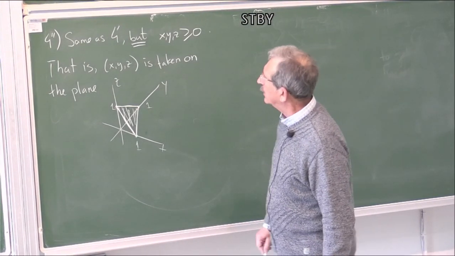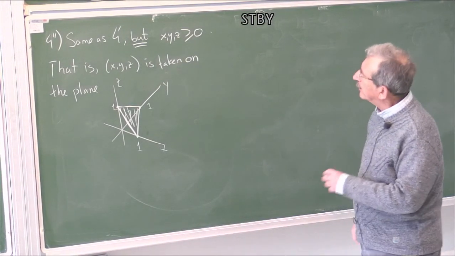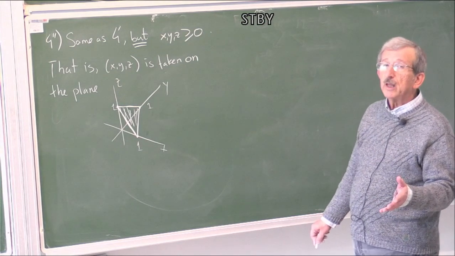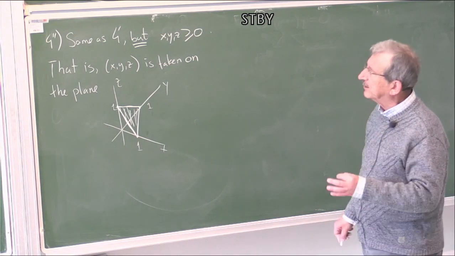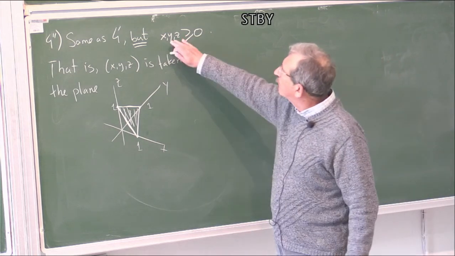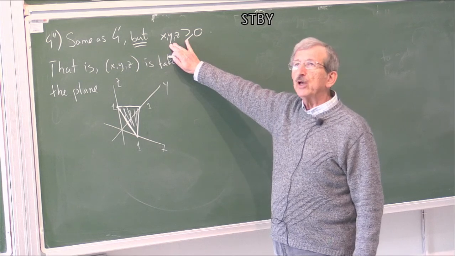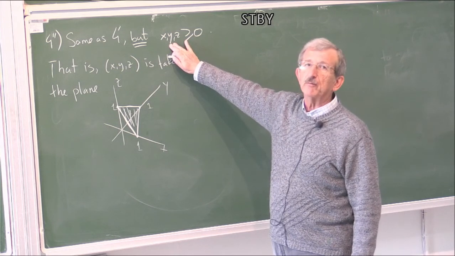Well, obviously, because they are non-negative, if one of them is 0, the product is 0. And you cannot get a negative value by multiplying 3 non-negative values, which means that 0 is the minimum value.